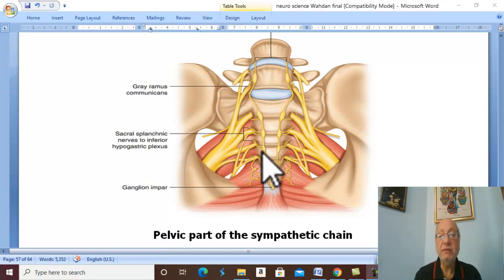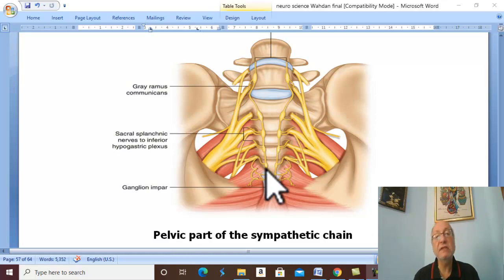The two sympathetic chains fuse at their lower ends to form a single ganglion called ganglion impar. The sacral part of the sympathetic chain contains 4 sacral ganglia.